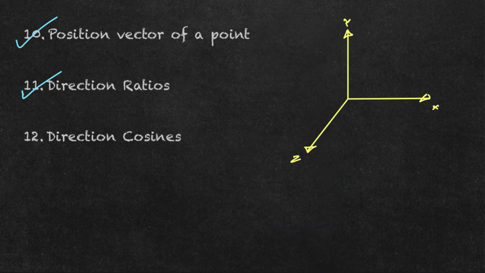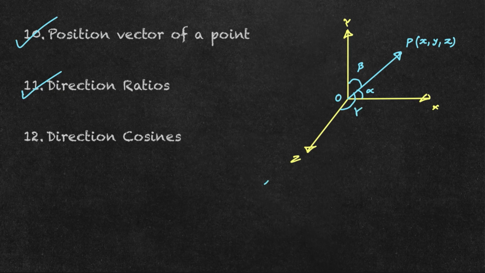Number 12, direction cosines. If in a three-dimensional space there is a point P whose coordinates are x, y and z, and if we draw a vector from the origin to the point P, then this OP vector is called the position vector of point P. But as you see here, this vector OP has made some angle with x-axis, let that be alpha, and this vector has made some angle with y-axis also, let that be angle beta, and similarly it has made some angle with z-axis also, and let that be gamma.